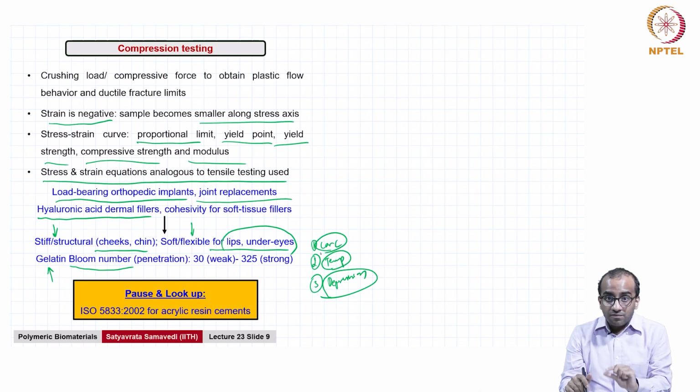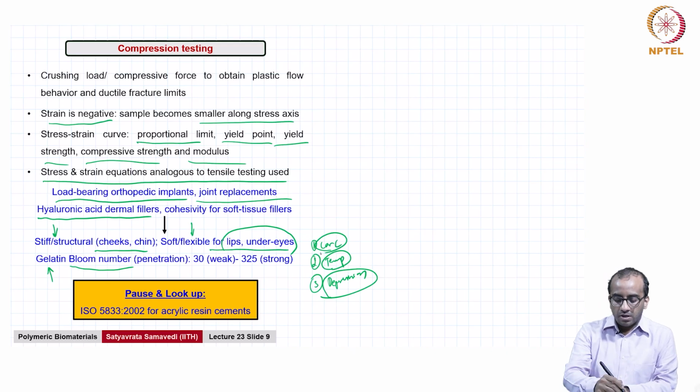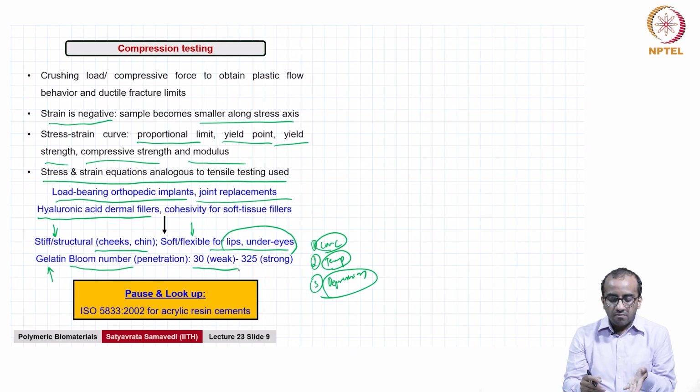So that gives you what you would call a Bloom number, going from weak when you have something like 30 to a very strong gel when you have a Bloom number of 325. So that's what you're talking about. It's not compression per se, but you can see how this penetration test for the plunger to penetrate a certain depth into the gel can have some ideas that you can borrow from compression testing.